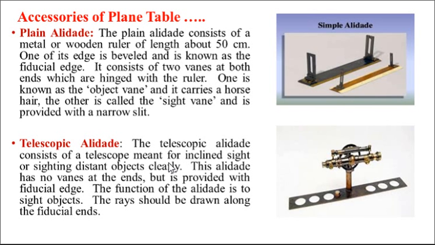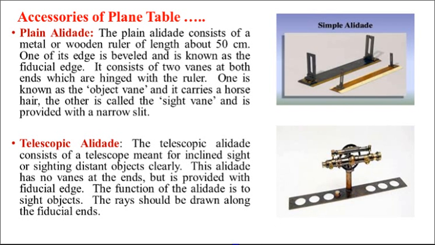The function of the alidade is to sight objects. The rays should be drawn along with the fiducial edge or working edge. Means when the distance between plane table and the object to be sighted is long, in that case we have to use this telescopic alidade.